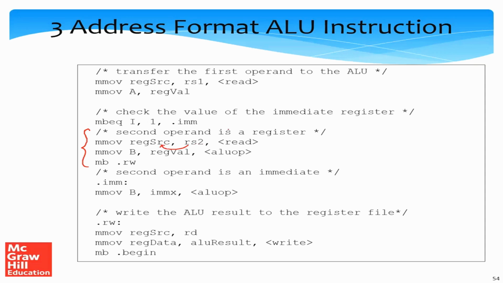Reg source is a micro register that encapsulates the register file. Simultaneously, we send the read argument on the shared bus. So along with writing the value of RS2 to reg source, it will also read the register file with whatever value is being sent. The output will be written to the regval micro register. So again, a statement similar to this will be executed here.